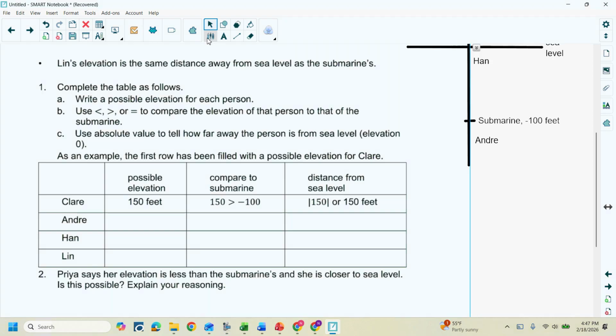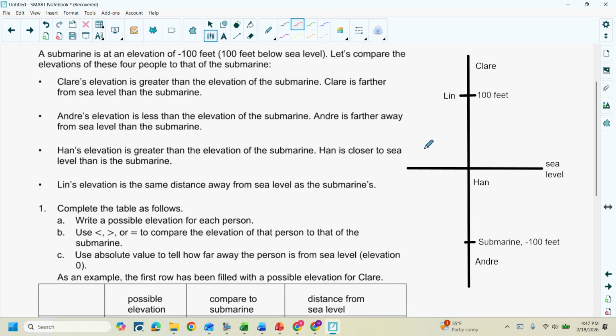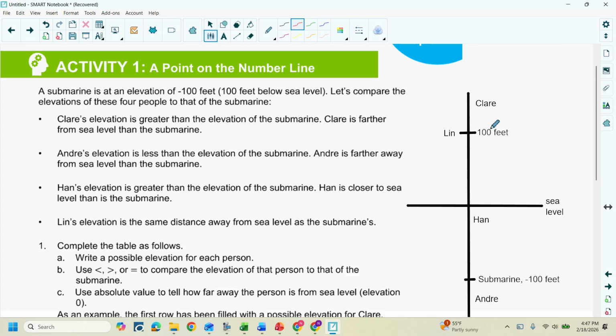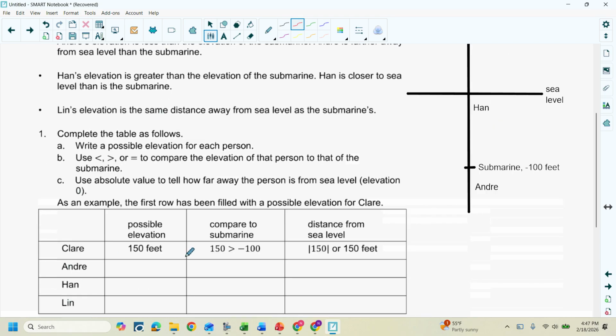And so now when we fill in our table, okay, they filled in the first row for us. Okay, so Claire was over 100 feet away, so 150 feet. Well, 150 is greater than negative 100, and so the distance from sea level is the absolute value of 150, or 150 feet. A possible elevation for Andre. Well, it just has to be something smaller than negative 100.